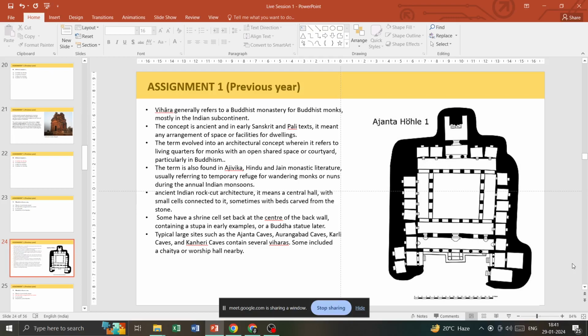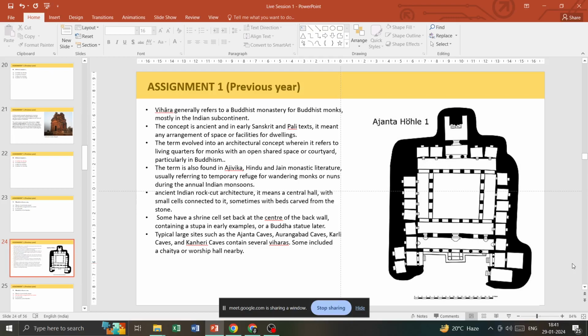Vihara generally refers to a Buddhist monastery for Buddhist monks, and the concept is ancient, and in early Sanskrit and Pali texts the word vihara has been used to mean any arrangement of space or facilities for dwellings. The term evolved into an architectural concept wherein it refers to living quarters for monks with an open shared space or courtyard, particularly in Buddhism.